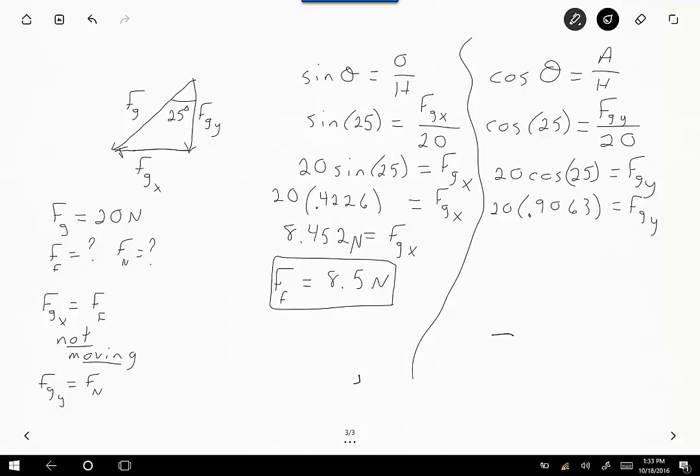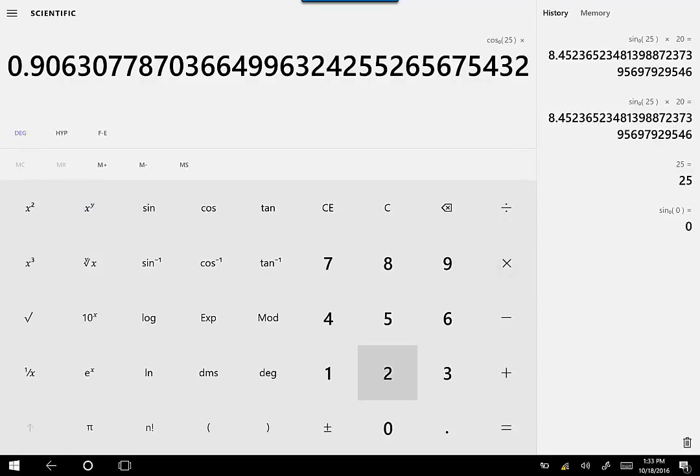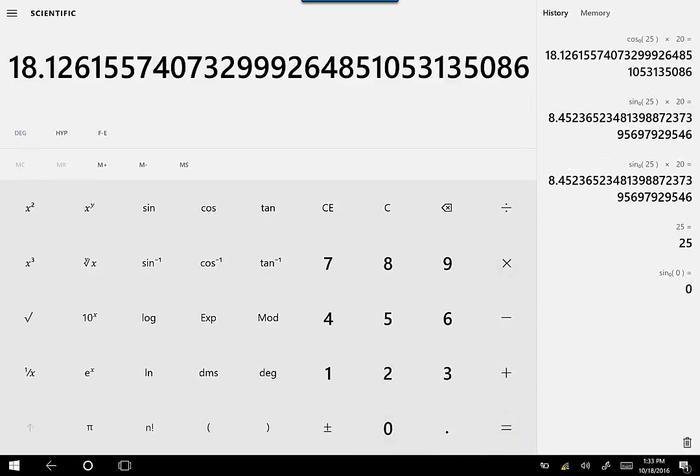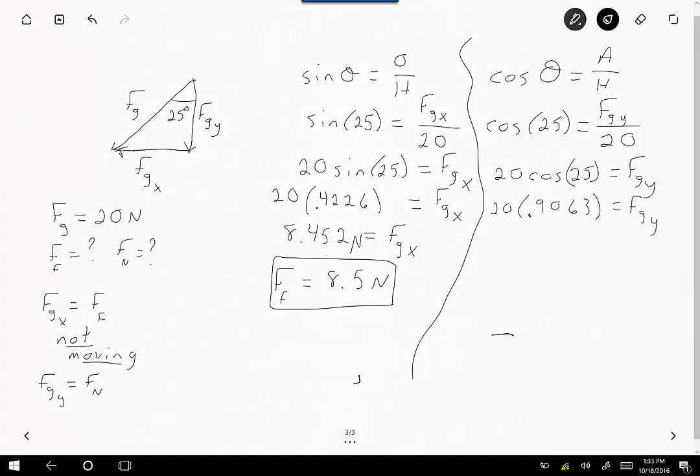Okay, so 0.9063 times 20 is 18.126, which is equal to the force of gravity in the y direction. Again, I'm going to round this and say that this is also the normal force. So the normal force is about 18.1 newtons.